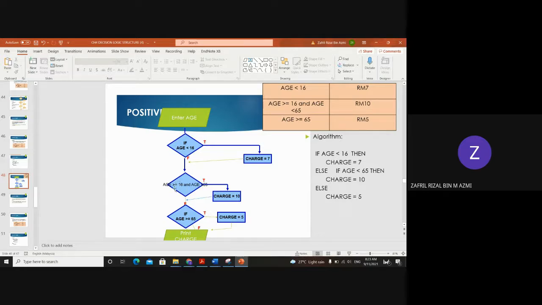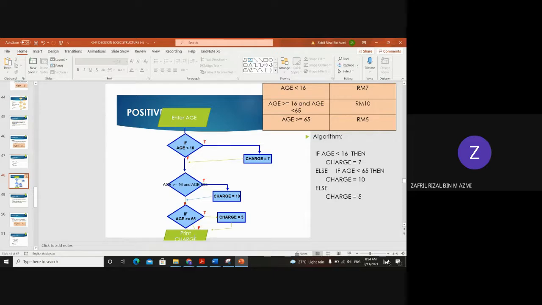Both must be correct, so this is wrong. This is false, this is true, so we use and. The answer is false. So this is also false. And then we print charge, which is 7.